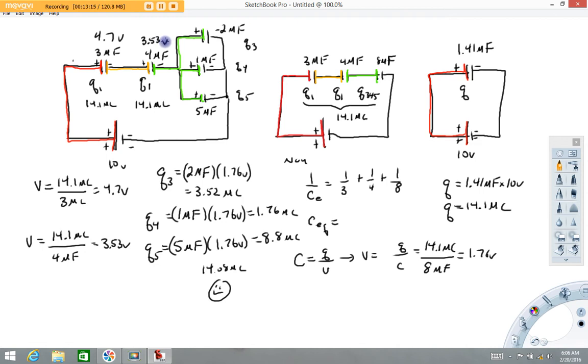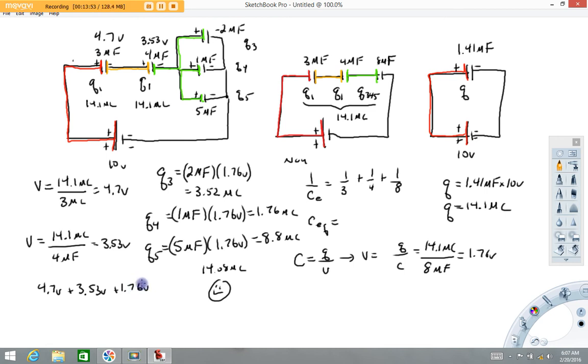The only thing left to do is to now check one more thing. As a check, as I look here, from red to black is 10 volts, and red to black should be the voltage across red to orange, plus orange to green, plus green to black. So our check here is 4.7 volts plus 3.53 volts plus the green to black voltage, which I know I have listed somewhere, 1.76 volts.